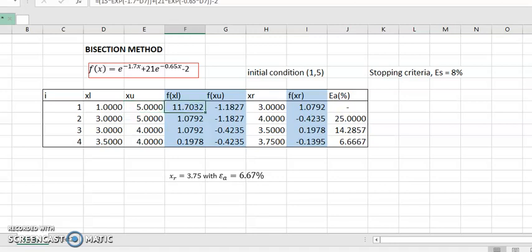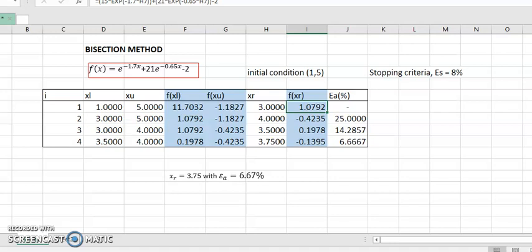After that, you can find your approximation root XR by using the bisection method formula, which is XL plus XU divided by 2. And after that, you must find the f of XR by substituting this XR value into the function f(x).